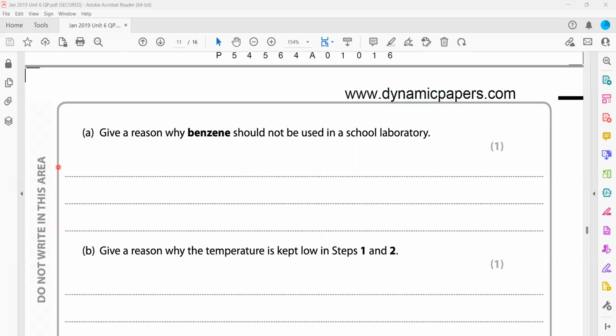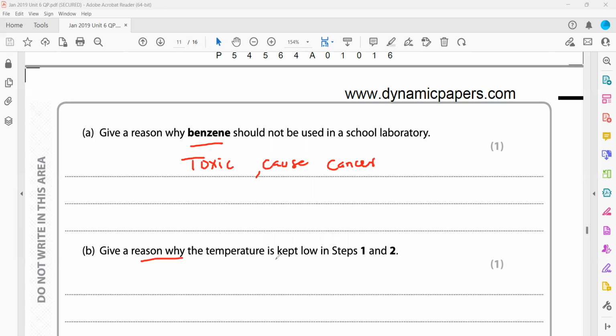The compound benzene can cause cancer. That's why it is toxic, can cause cancer, and that's why it should not be used in the lab. It's not explosive. It is toxic. So this compound benzene is toxic, and it can cause cancer.